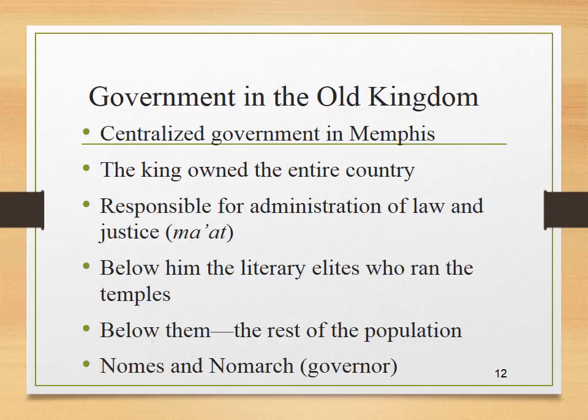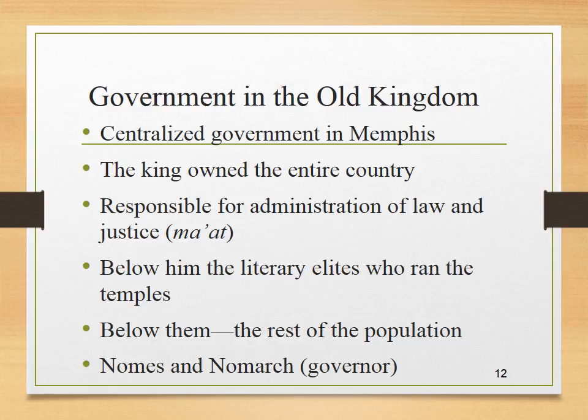And then in terms of a social hierarchy, you've got the pharaoh at the top, you've got the literary elites, or the people who could read and write, who are running the administration, running the temples. Below them, you've got everyone else. Now, one thing to remember about Egypt, you've got a king ruling an entire country. One of the things that ancient people did, and essentially what we do today, is they divide a territory up into smaller parts.